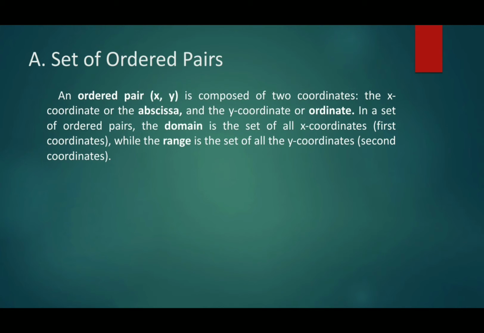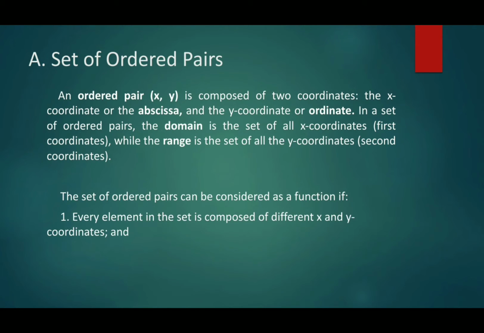In a set of ordered pairs, the domain is the set of all x coordinates, or the first coordinates, while the range is the set of all the y coordinates, or the second coordinates. The set of ordered pairs can be considered as a function if, number 1, every element in the set is composed of different x and y coordinates, and number 2, no common x coordinates exist in the given set.